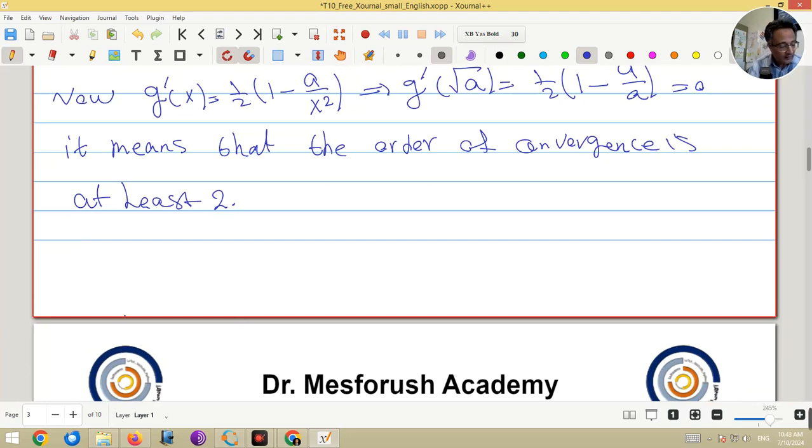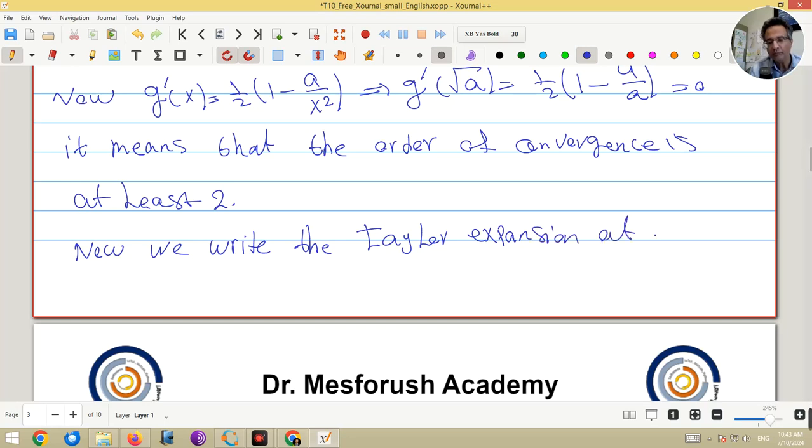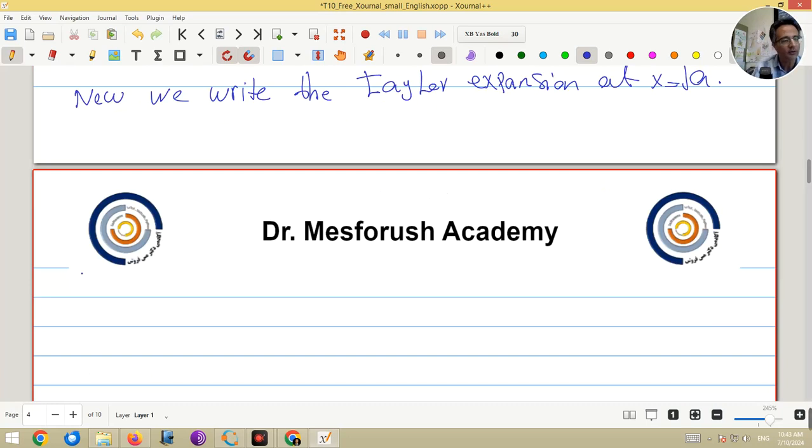To this end, we have to write the Taylor expansion of g(x) at x equal to the square root of a. What do we get?